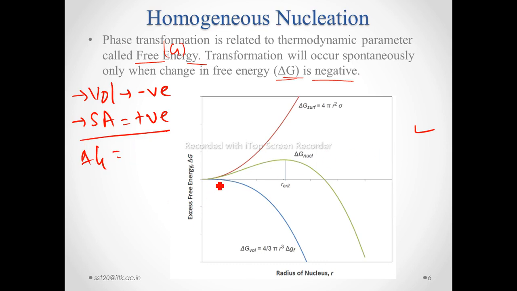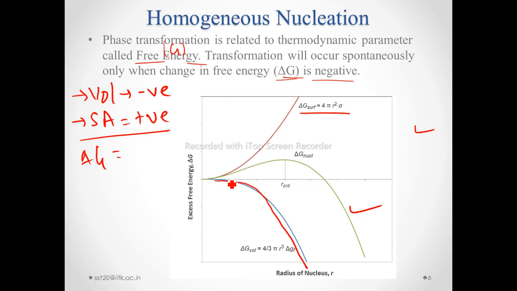When we are plotting a graph with this equation, the surface free energy has a positive effect, whereas volume free energy has a negative effect. That's why we are plotting towards this side. So combining these two, we get the change in Gibbs energy as this curve.